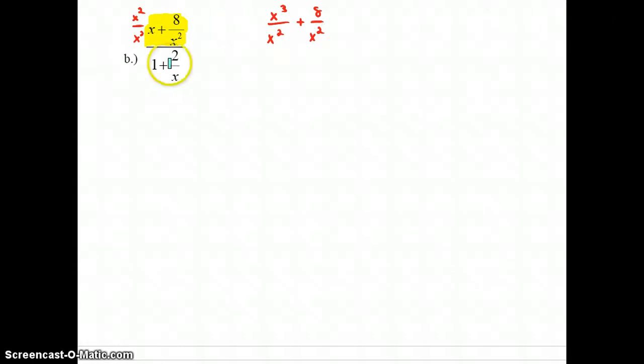Let's take a look at the bottom half. What's my common denominator going to be there? Well, I think I'm going to have to multiply by x over x. This gives me x over x plus 2 over x.